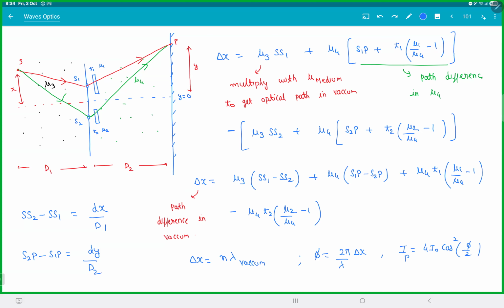I could have kept 2 more slabs here. Not difficult, but you just have to get that and finish it off. Clear with this? Any doubts on this?